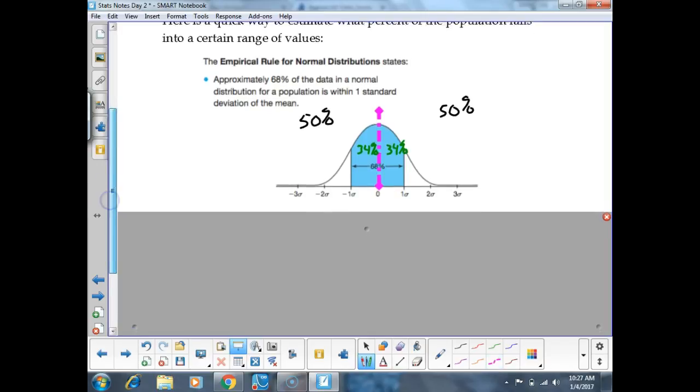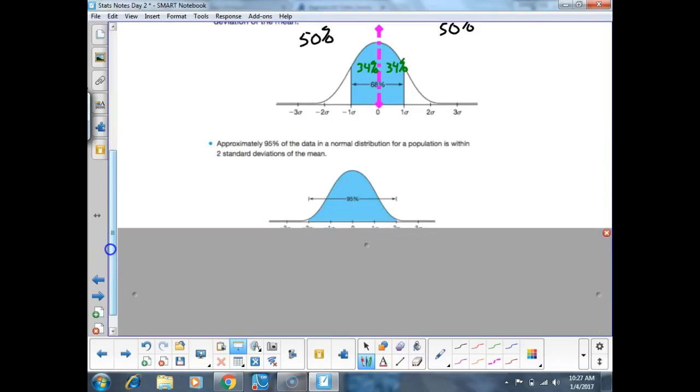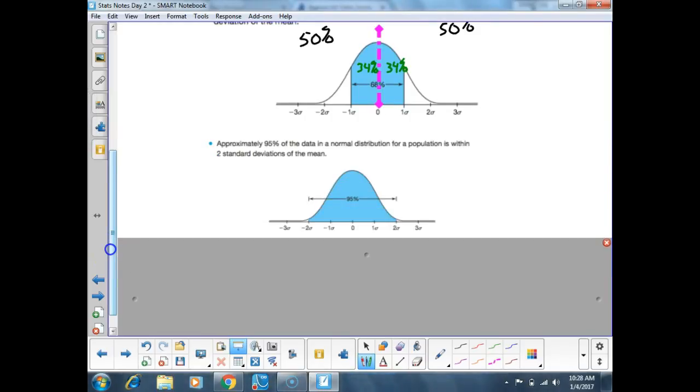Now, if we take that out one more standard deviation, now there's 95% of the data between each of those. So again there was 50% over here, and 50% over here.